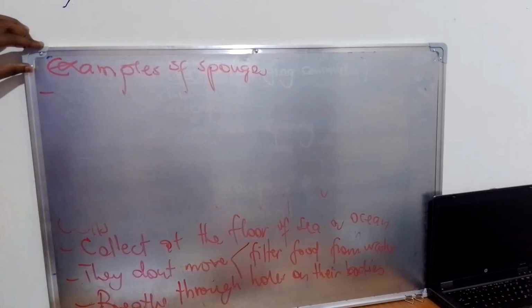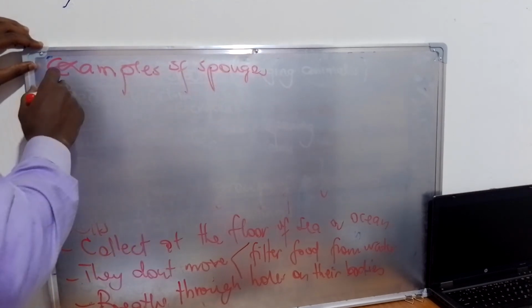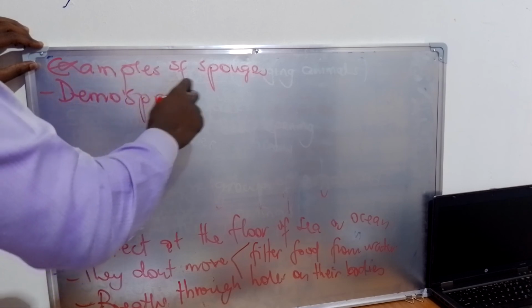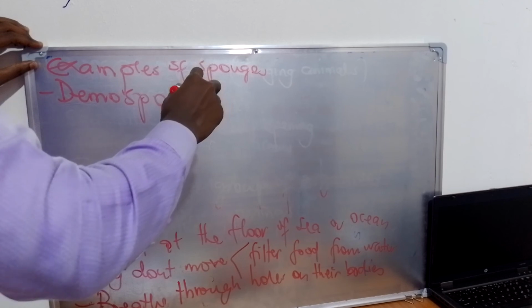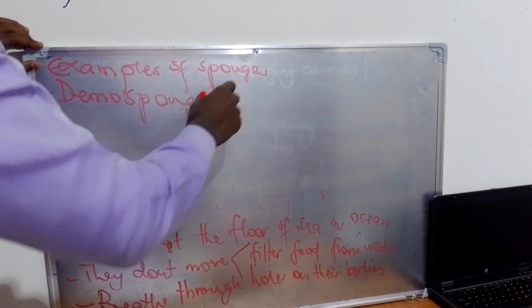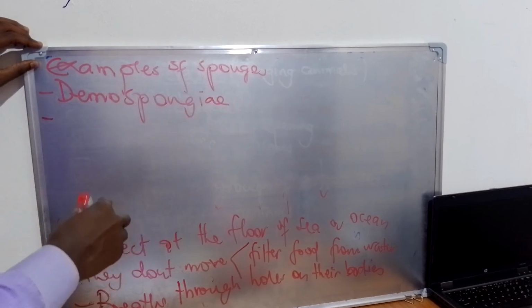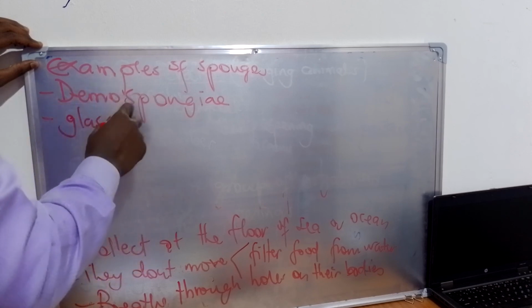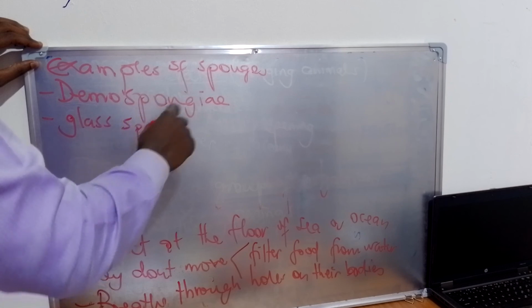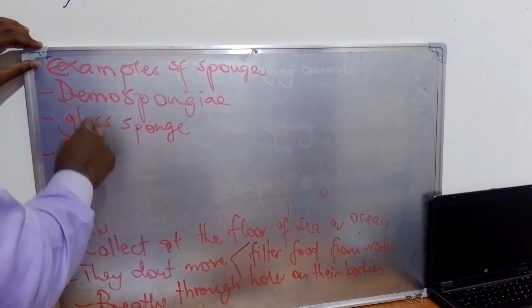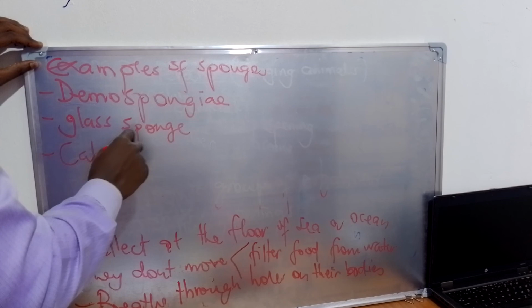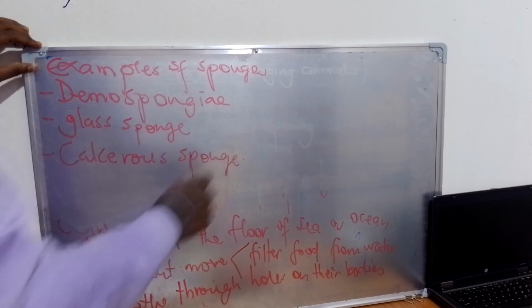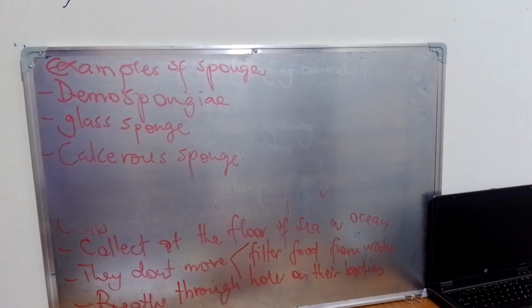Number 1, we have Demospongia. Then we have glass sponge. Then we have calyceras sponge. These are the few common examples of sponges.